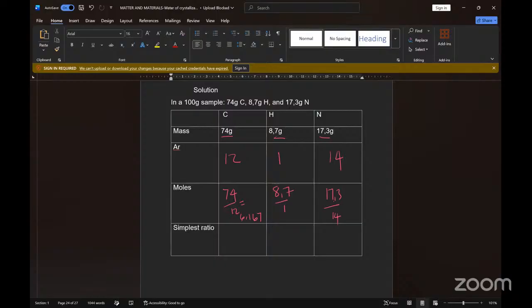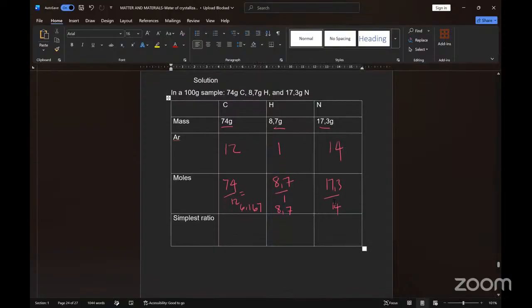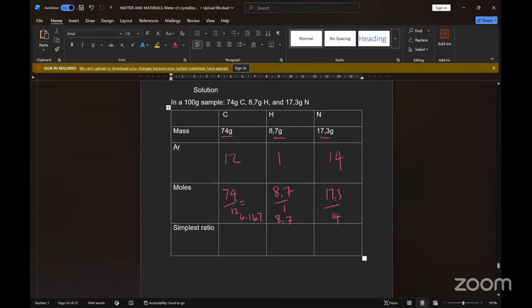This one is obviously 8.7. And the last one is 17.3 divided by 14, and that gives you 1.2357. So I'll just make it 6. So if you look, this one is the smallest value.